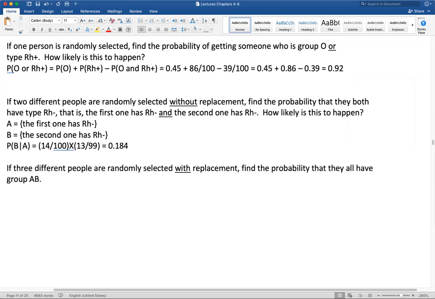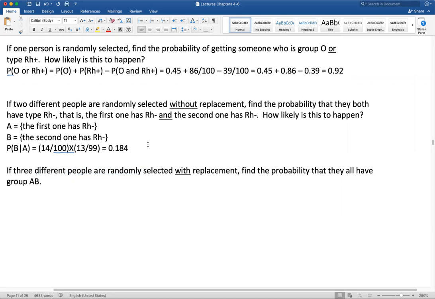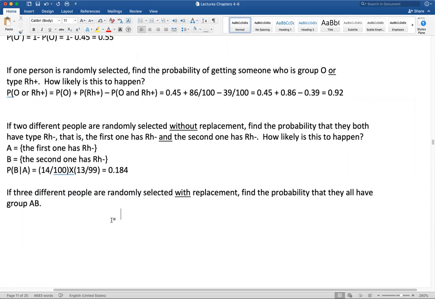So in this case, three people are randomly selected, right? So three events A, B, C. Find the probability that they all have group AB.